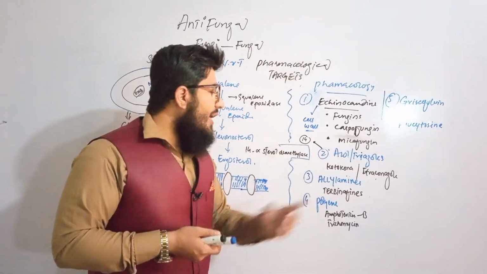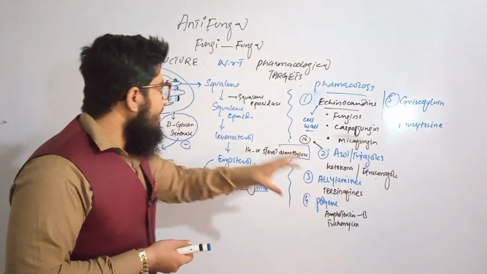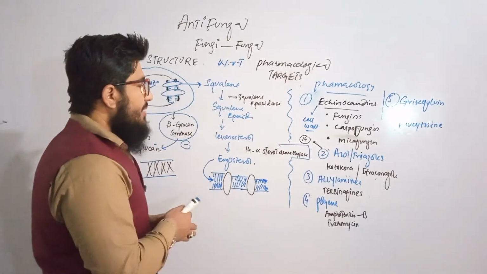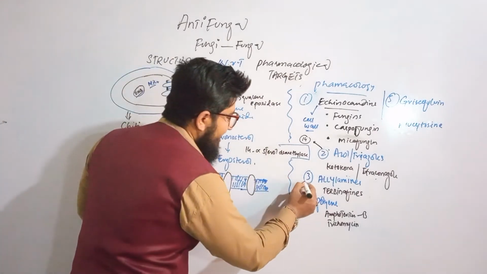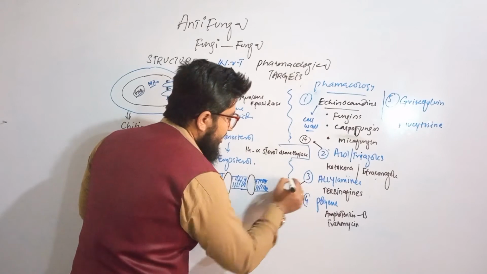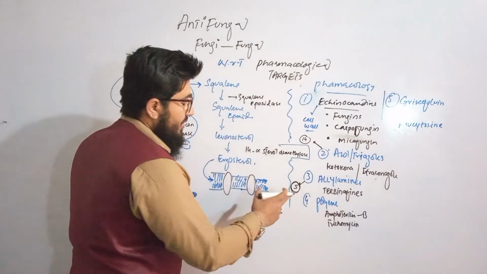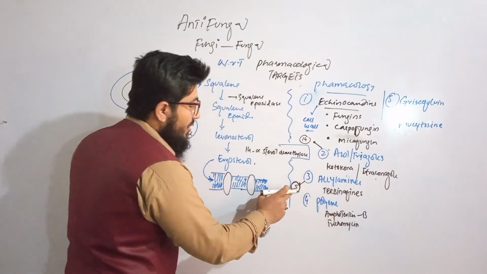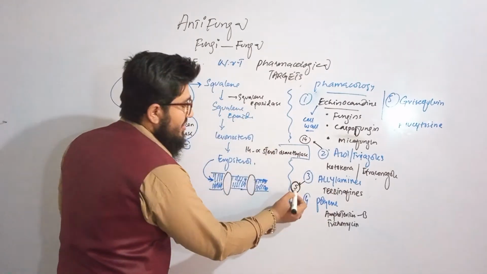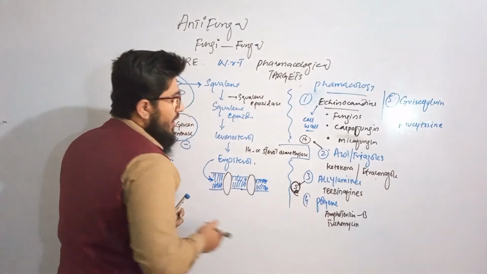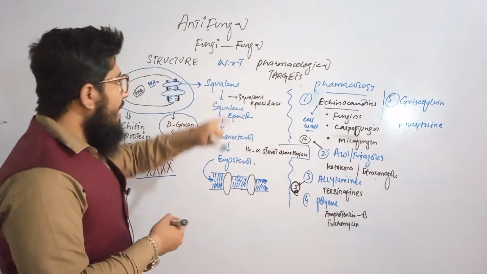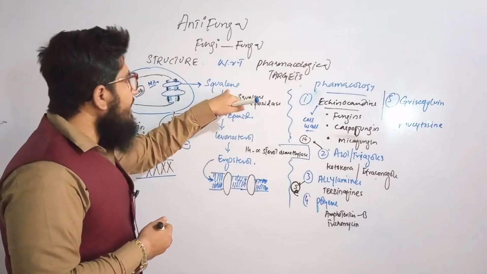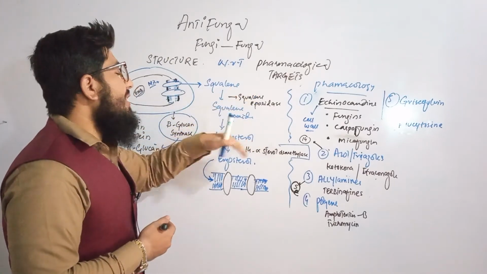Along with that, we have allylamines like terbinafine. Now terbinafine has a very important site, that is the squalene epoxidase enzyme. They're going to inhibit squalene epoxidase. Let me write here SE for short, so when you're taking a screenshot it will be very easy to understand the mechanism of action. Allylamines like terbinafine inhibit which? Squalene epoxidase, SE. When squalene epoxidase is inhibited, what will happen? Squalene won't be converted into squalene epoxide.